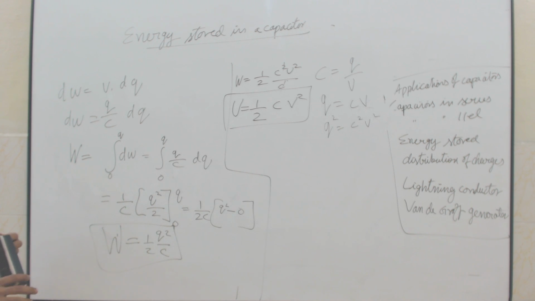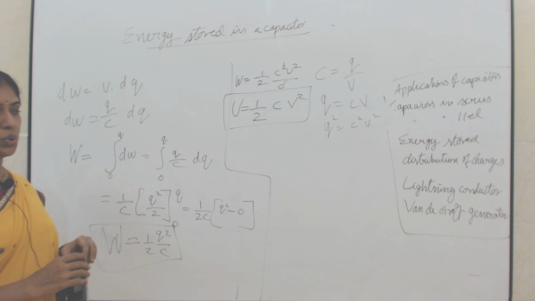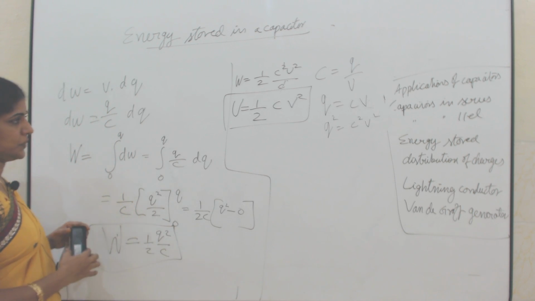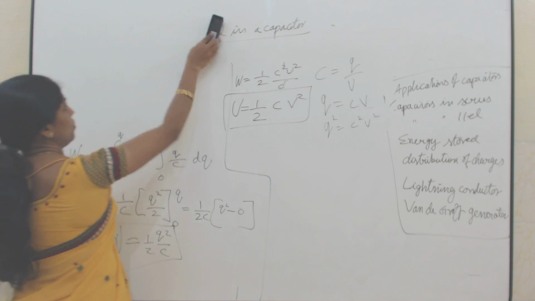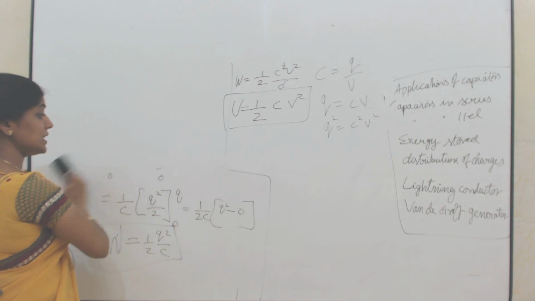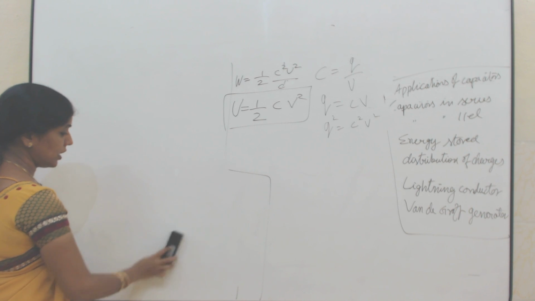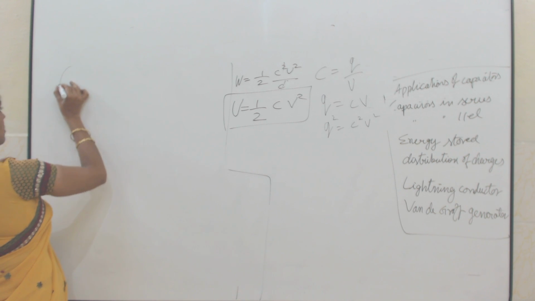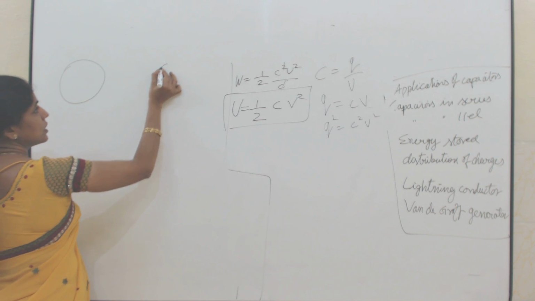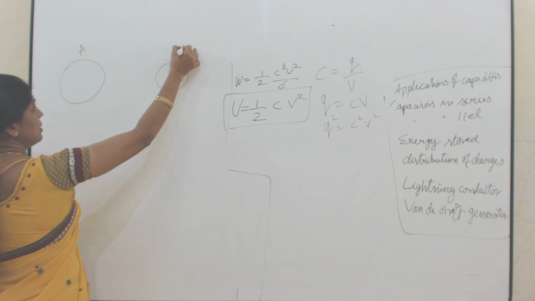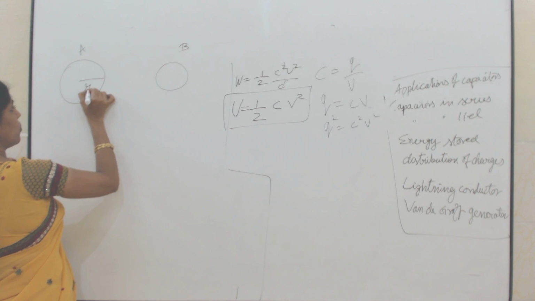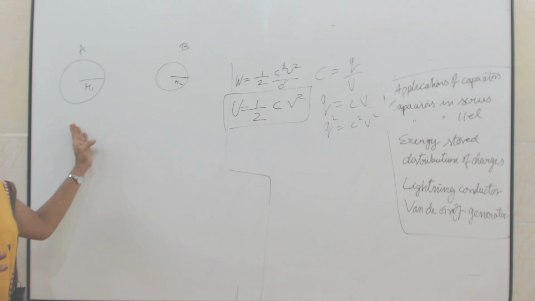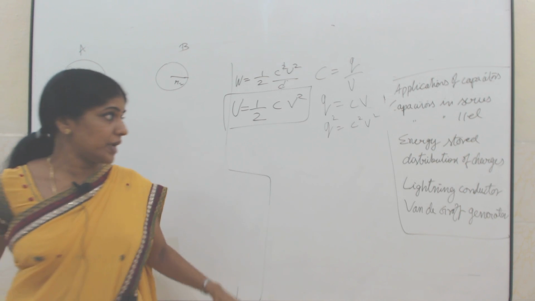So, what happens if the charges are distributed to two different conductors of different shapes? That we will see. Now, how are the charges distributed in a conductor? Here I have two spheres. Let A be the sphere of radius R1 and B be a sphere of radius R2.